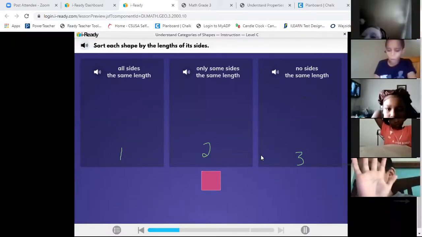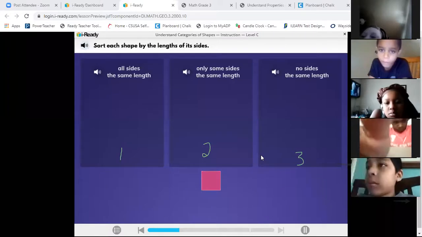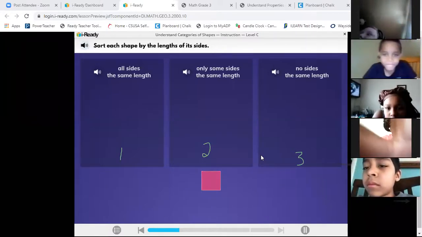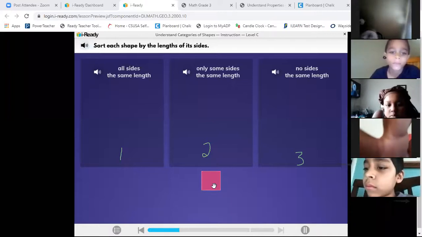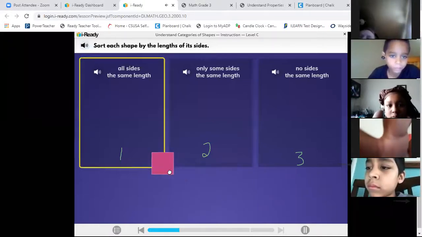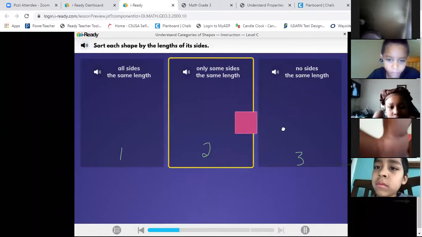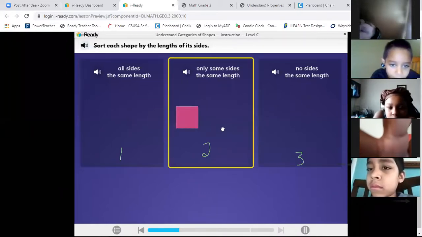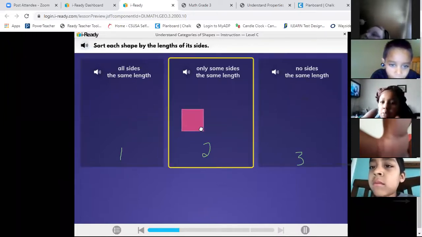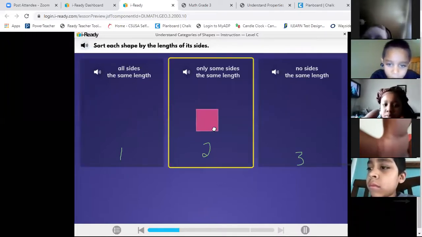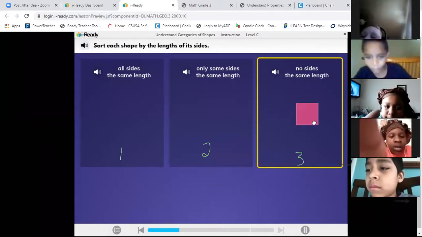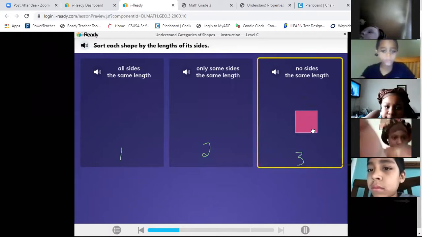Let's go with Krishan. I think he went today. Krishan, can you tell us what to choose for this one? Where's the square gonna go? All sides have the same length, only some, or no sides have the same. Which one do you think we should put it in, Krishan?